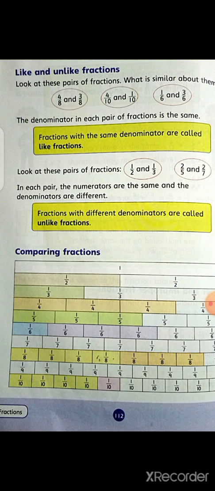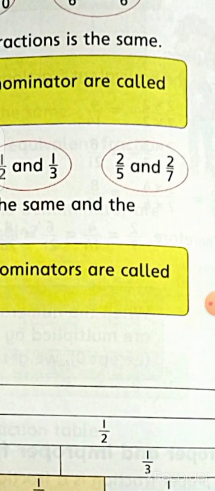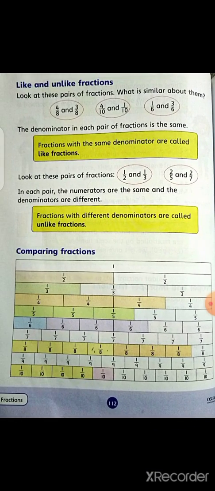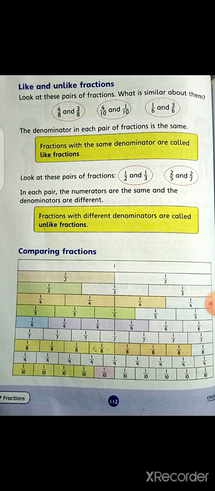Now look at these pairs of fractions, 1 over 2 and 1 over 3. What is the same here? 1, that is the numerator, but the denominators are different, 2 and 3. In the second pair, 2 over 5 and 2 over 7, the numerators are the same but the denominators are different, these are 5 and 7. In each pair, the numerators are the same and the denominators are different.